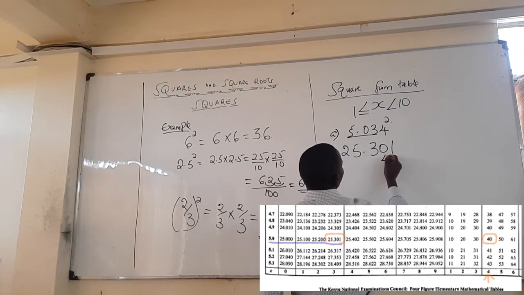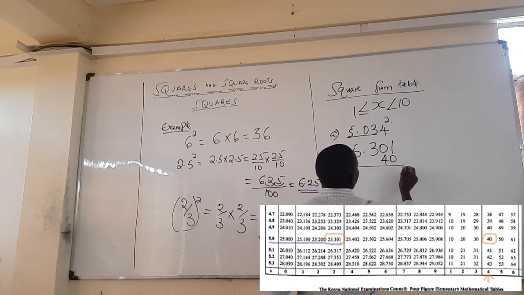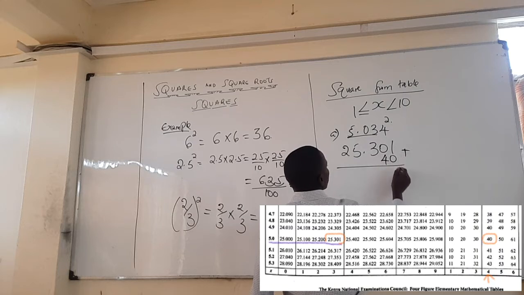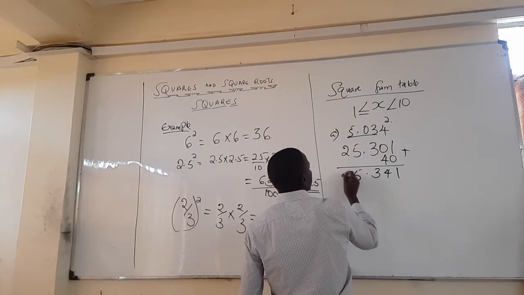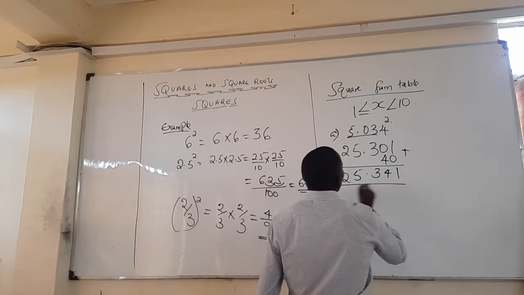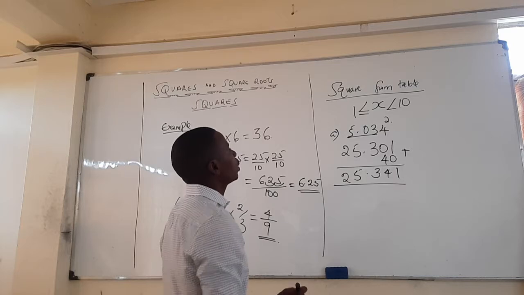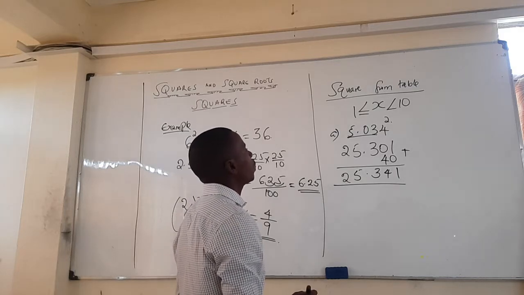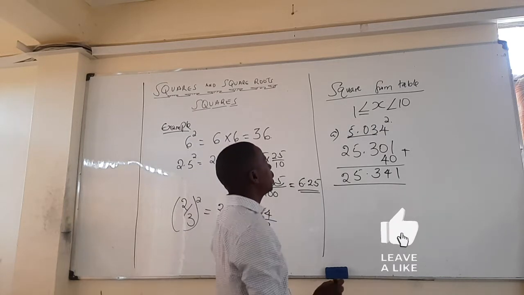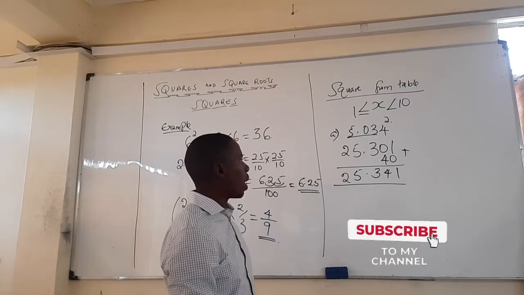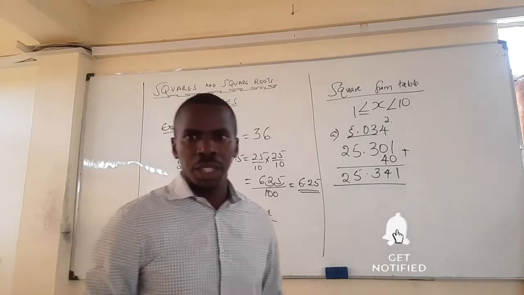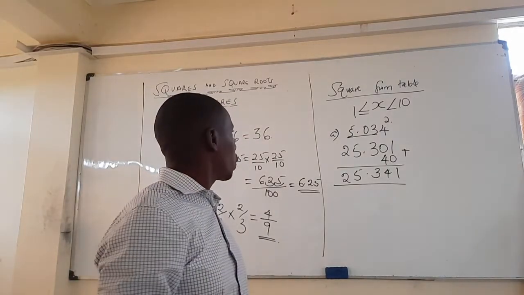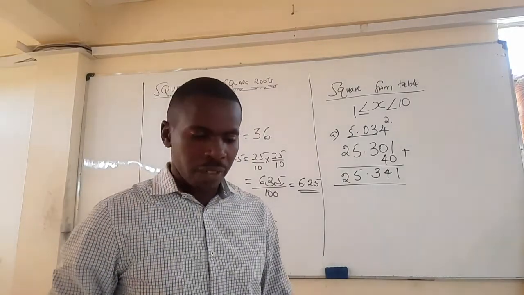We are going to add it to the far edge. We have now 0 plus 1, 1, 0 plus 4, 4, then 3, 0.52. So the square of 5.034 is going to be 25.341 when we are using the table. That's how we get the square of a number using the table. I can have another example.